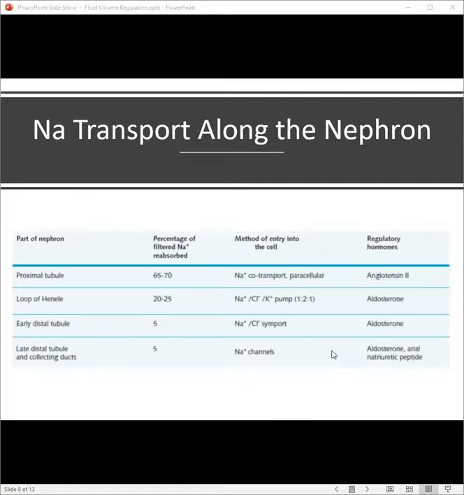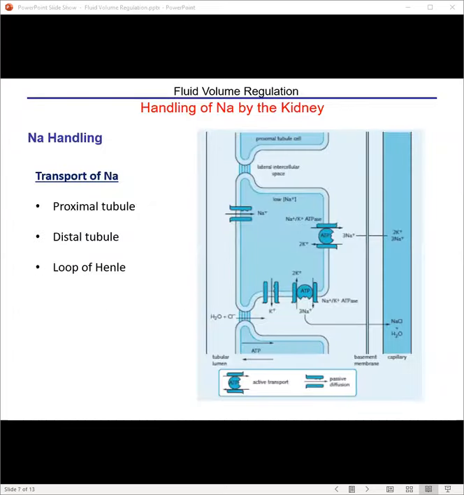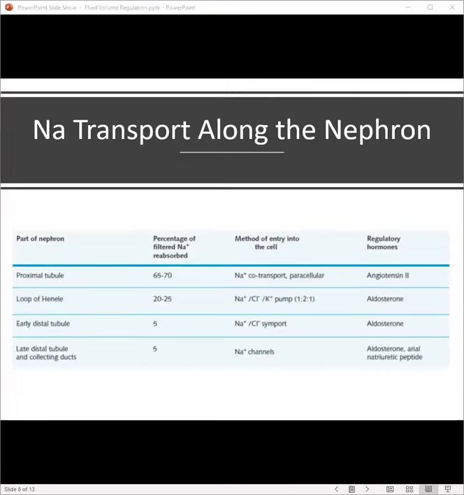So let's now take a look at the distal tubule and how it handles sodium, together with the loop of Henle. The complicated mechanism by which the loop of Henle handles sodium is mainly to create a concentration gradient to allow for controlled osmolality.